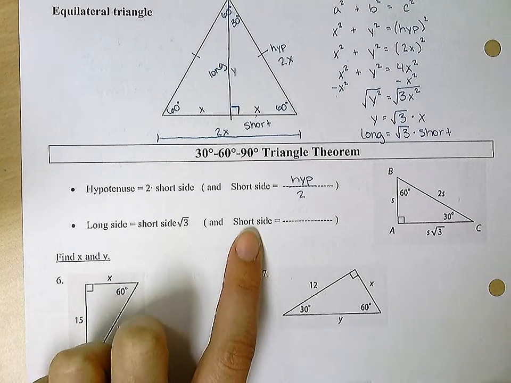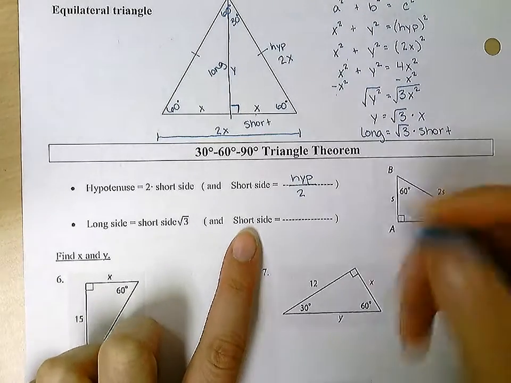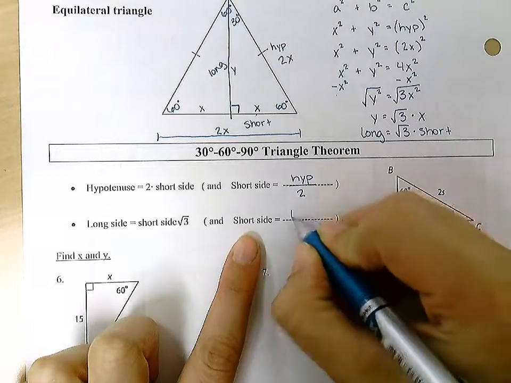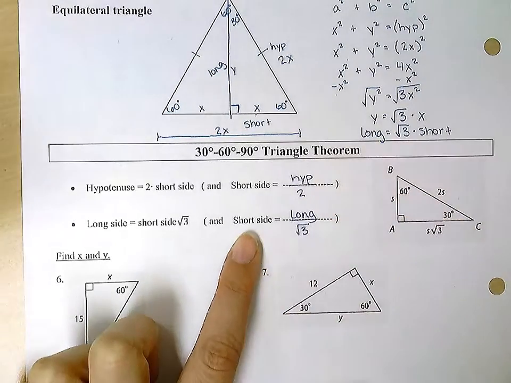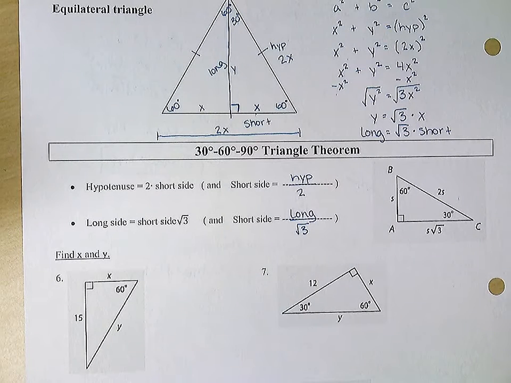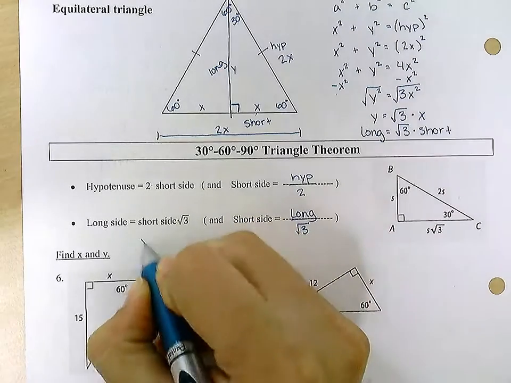If you're trying to find the short side given that information, you're going to take the long side and divide it by the square root of 3. So these are your rules for 30, 60, 90 right triangles. Now, if you are not given the short side, you always need to find the short side first.